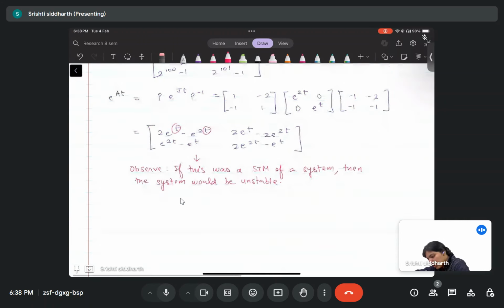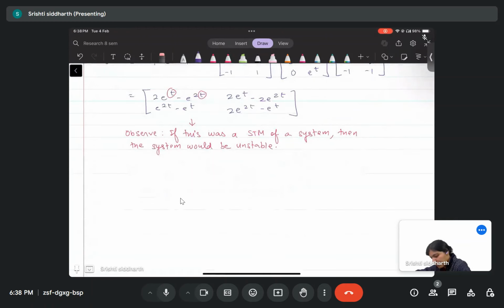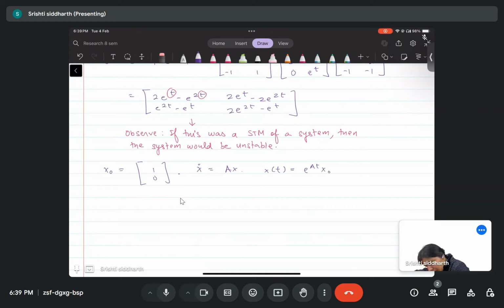So if you have some initial condition, let's say x naught for a second order system, let's say it's 1, 0, and we have this LTI system, then the solution is going to be e to the power At times x naught.